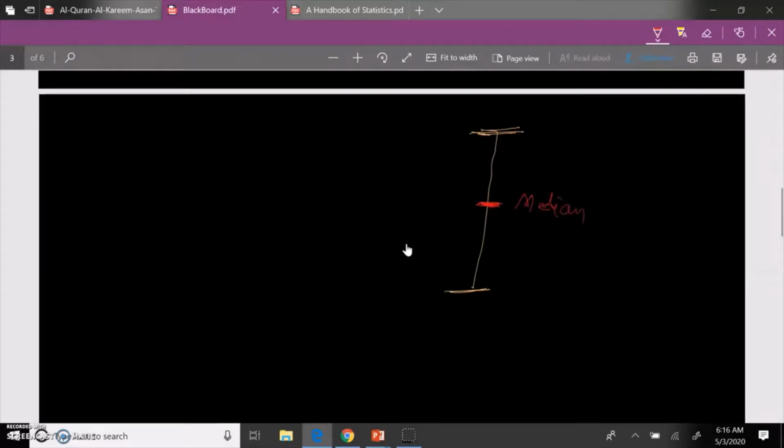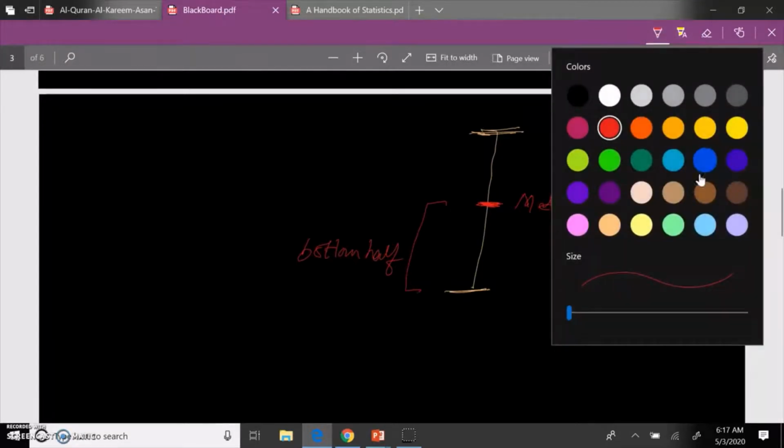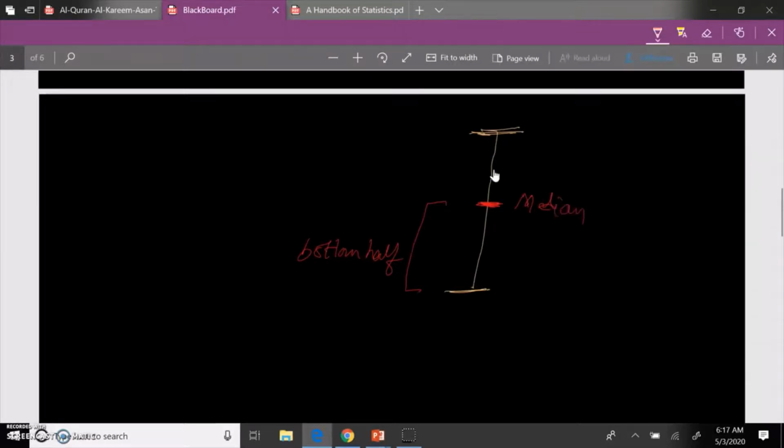Median, right? This portion is called the bottom half, or bottom 50%, and this one is called the top half.